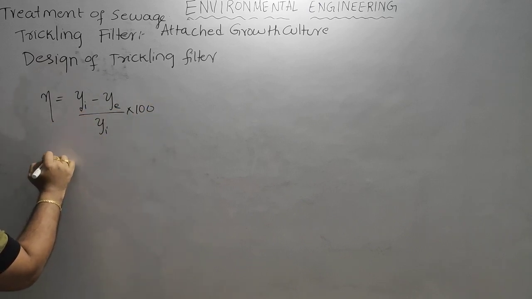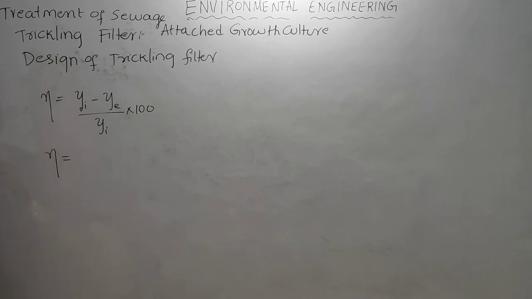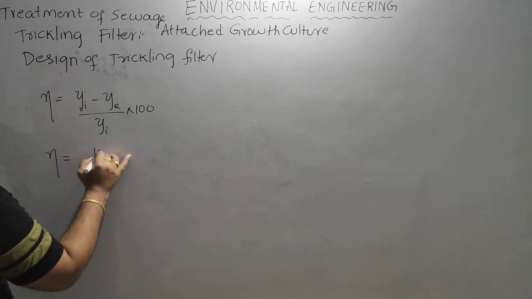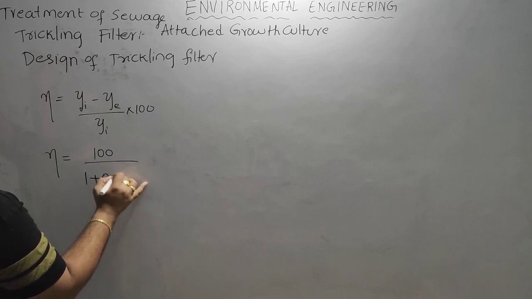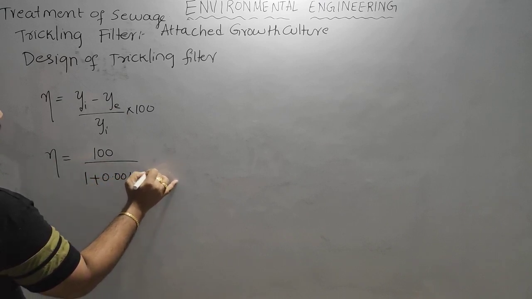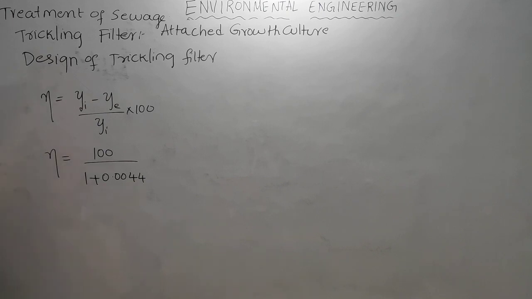But the equation given by the National Research Council for the efficiency of BOD removal of the trickling filter is E = 100 by (1 plus 0.0044 into square root of u).